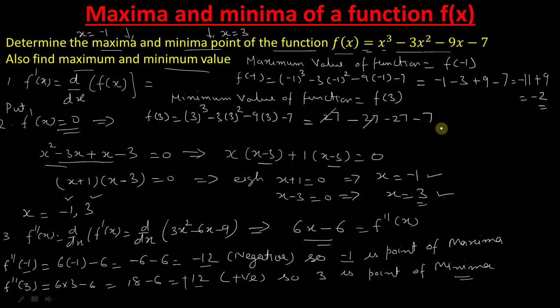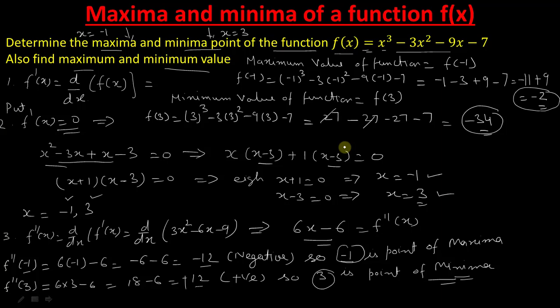So 27 gets cancelled. So -27 -7 is -34. So -34 is the minimum value, -2 is the maximum value, -1 is the point of maxima, and 3 is the point of minima. So that is how you have to find the point of maxima and minima and the maximum and minimum value of a function.